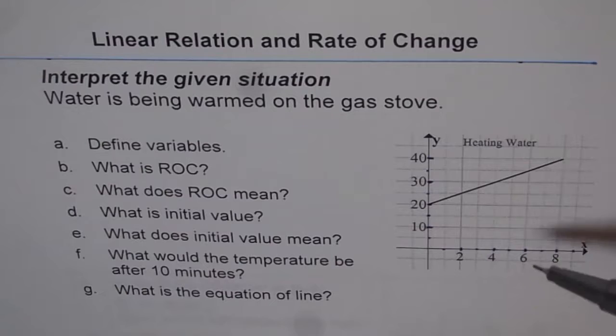You may define your variable as x and y, but you can change them, right? Second, we have not shown any units along the x and y axis. We have left it to you. Depending on your story, you can write down the units, make your story. Correct? So that is the whole exercise.